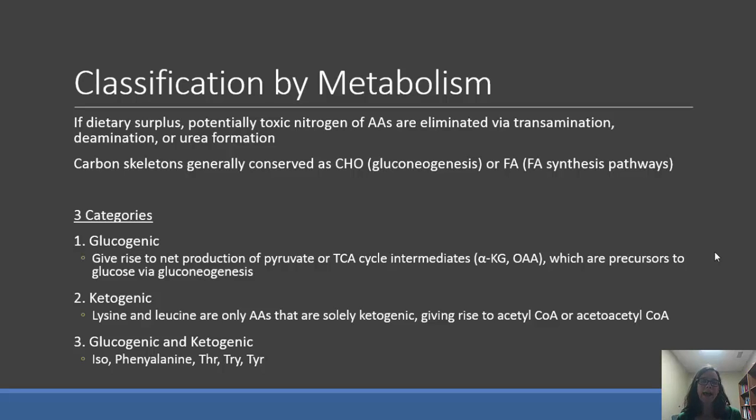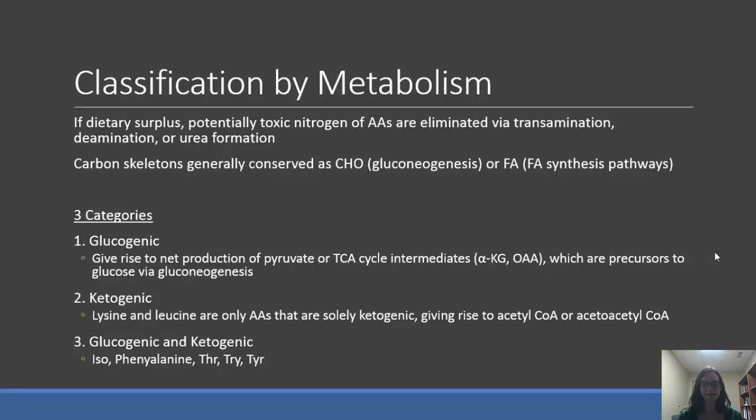So depending on the amino acid, we would either be able to make the carbohydrate or the fatty acid or both. So amino acids that are able to be degraded and then go through gluconeogenesis to produce glucose are called glucogenic. So glucogenic amino acids give rise to either pyruvate or some TCA cycle intermediate, and these serve as precursors for gluconeogenesis.